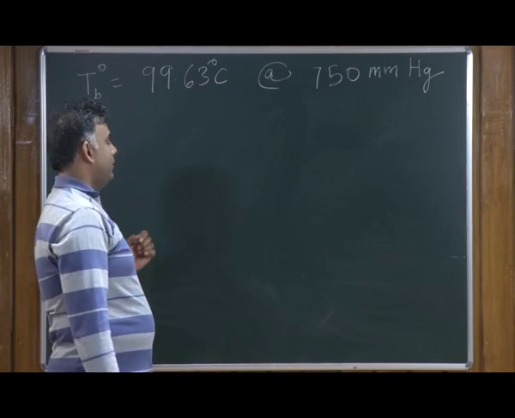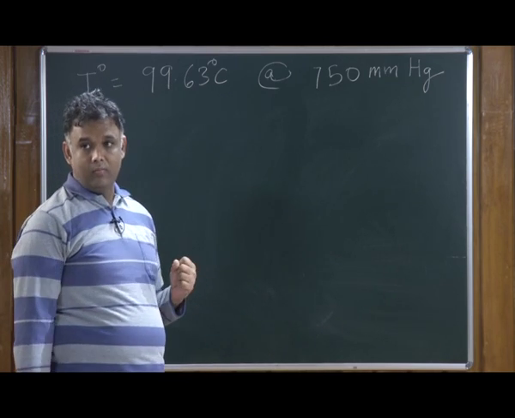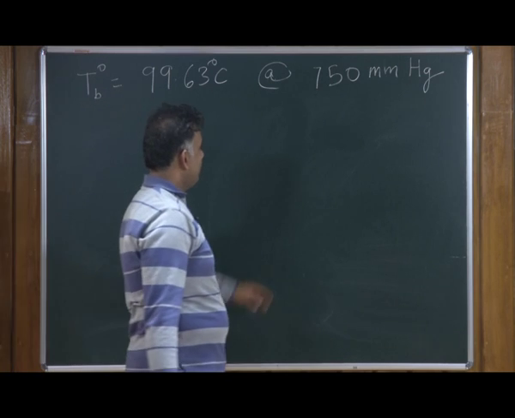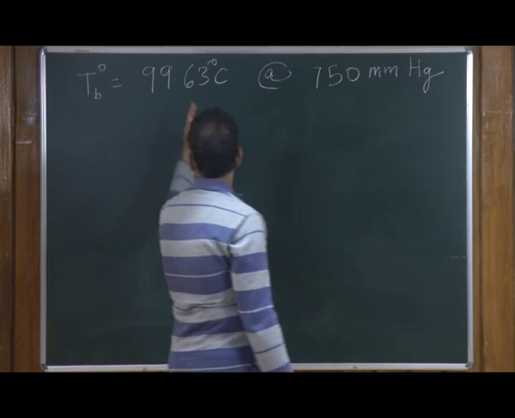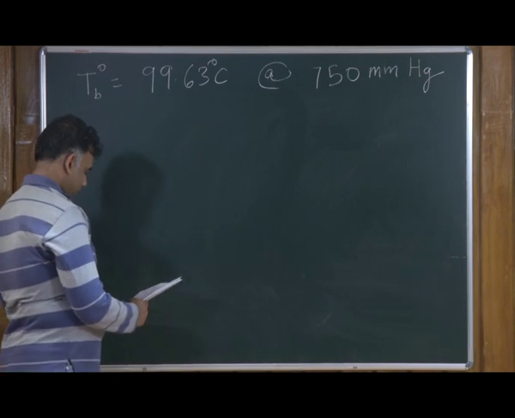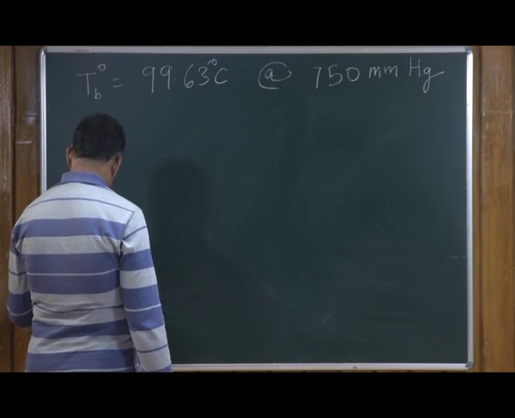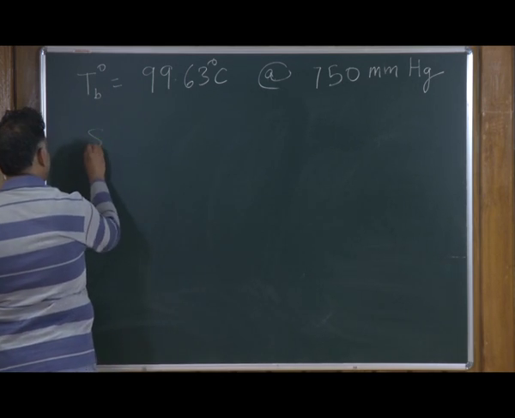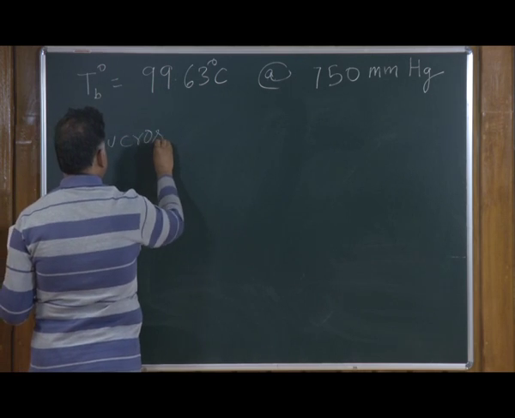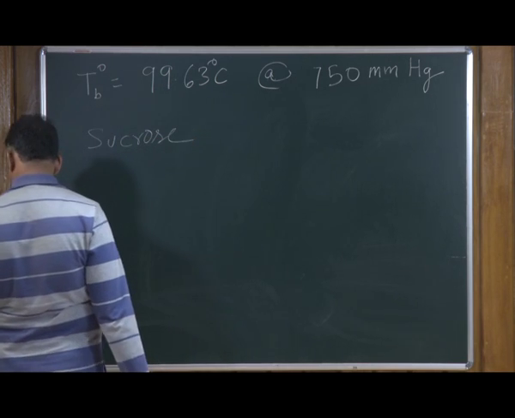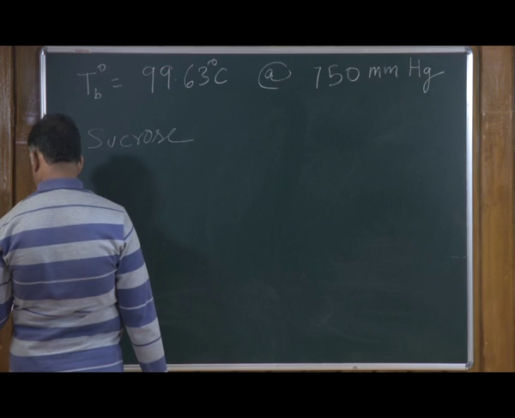So, at 1 atm, water boils at 100 degree centigrade, but at 750 millimeter Hg external pressure, water will boil at 99.63 degree centigrade. Okay, and then how much sucrose is to be added? So, we are adding sucrose to 500 gram of water.